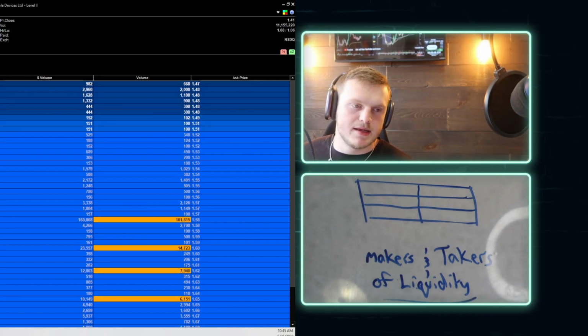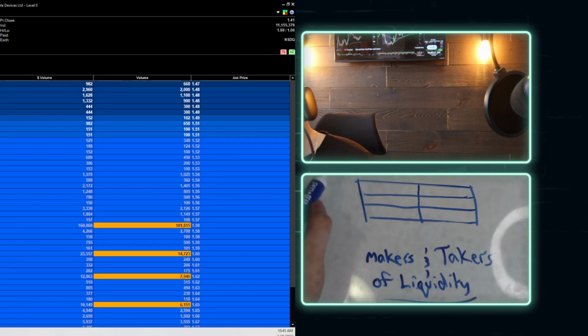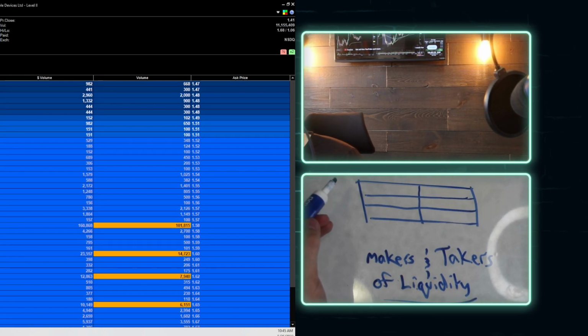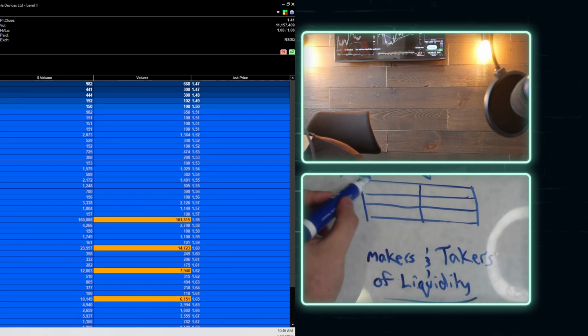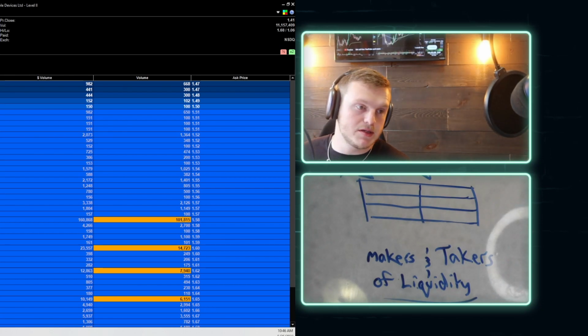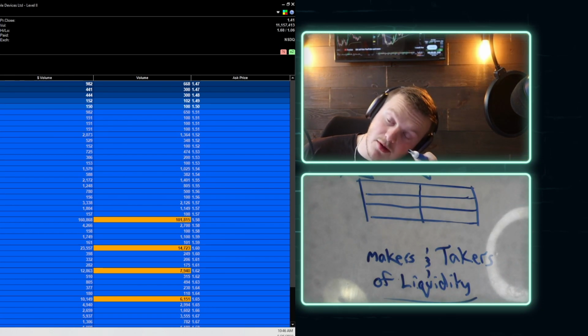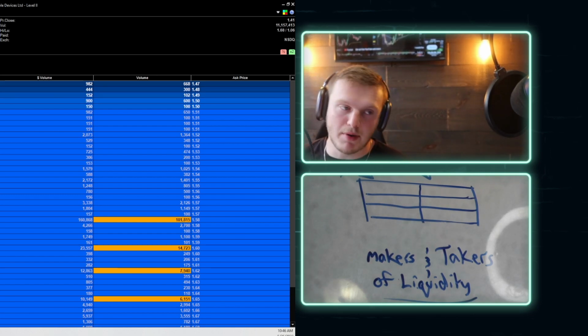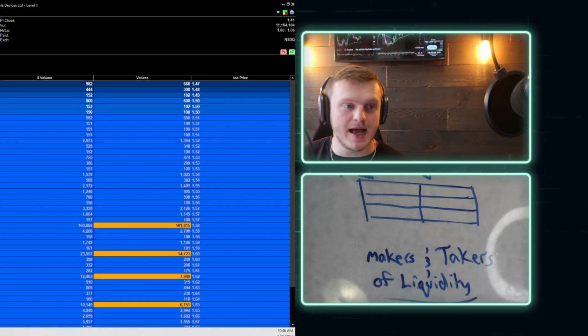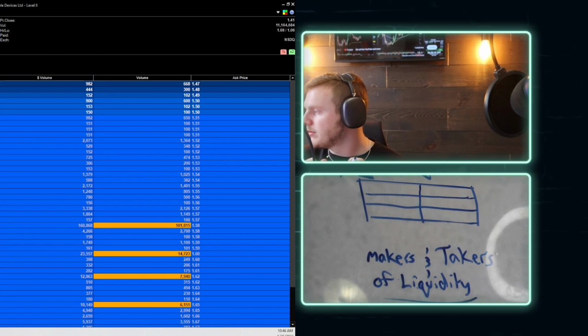What I mean by that is if you put your orders to sell on the ask and your orders to buy on the bid, so orders to sell on the ask, orders to buy on the bid, you are providing liquidity because you can see your order on level 2. If you're someone like me who is a taker, I'm always buying on the bid and selling on the ask. I'm pulling liquidity off of order books.